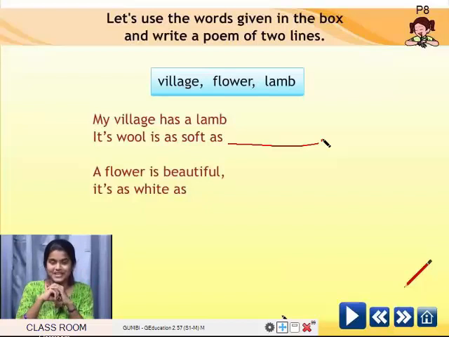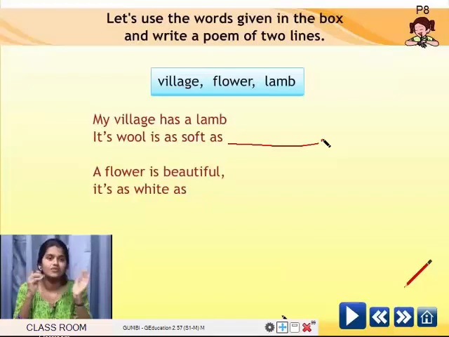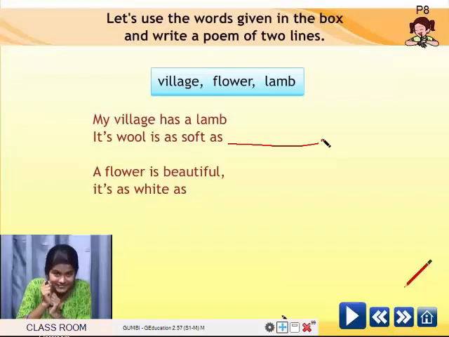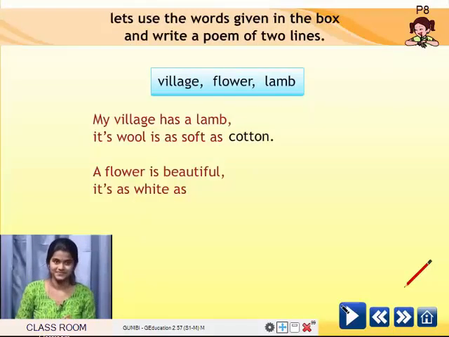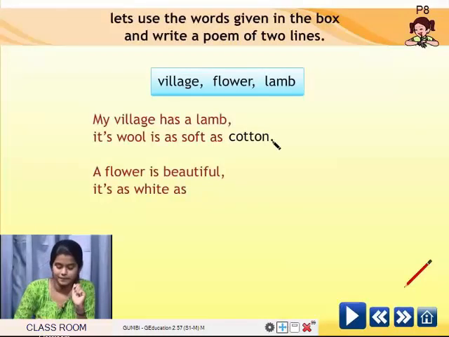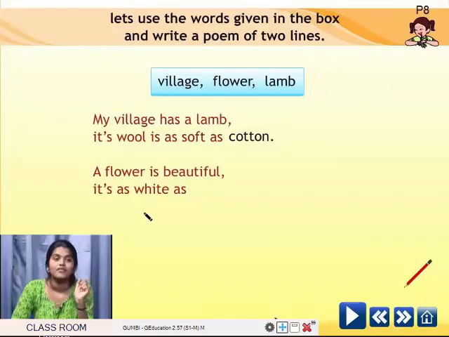Let's see. As soft as. Very good. So you have to compare the softness of wool to something else. What is that? Its wool is as soft as. Very good. It is cotton. Cotton is very soft, no? So we are saying the lamb's wool is also as soft as cotton.